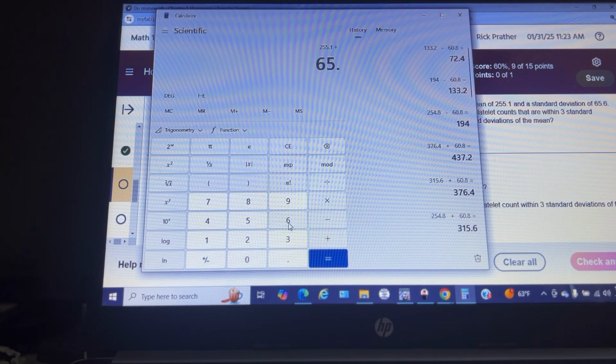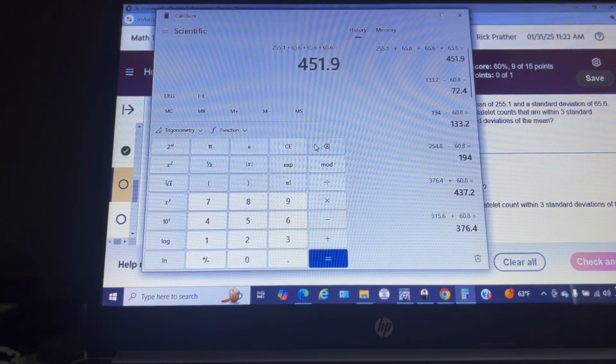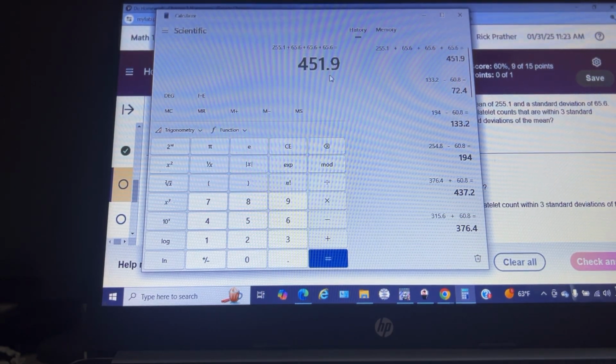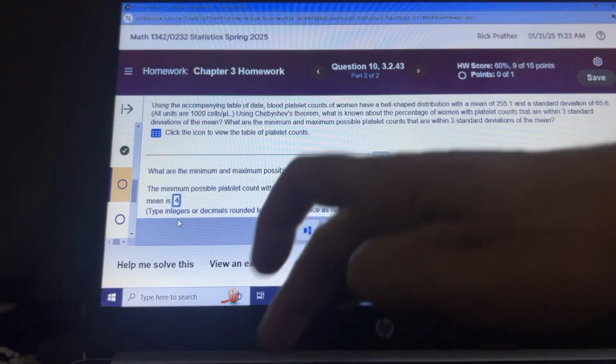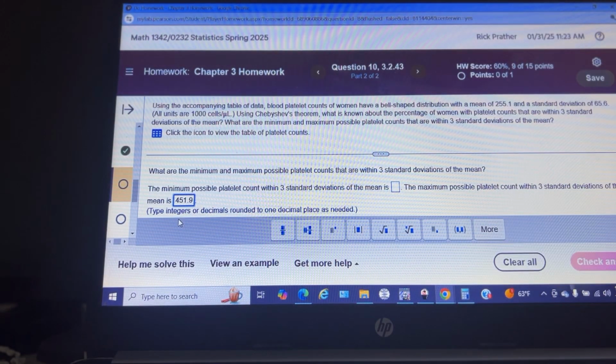So I'm going to add 65.6, the standard deviation right here. Add this 3 times. So if I made a number line and went out to the 3rd place, it would be this 451.9. 451.9, that's what they're talking about here.